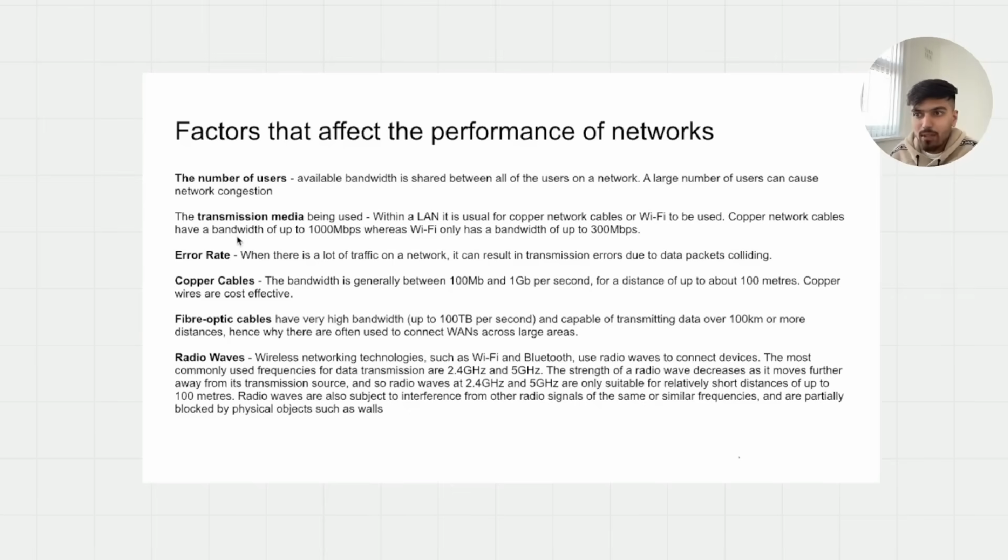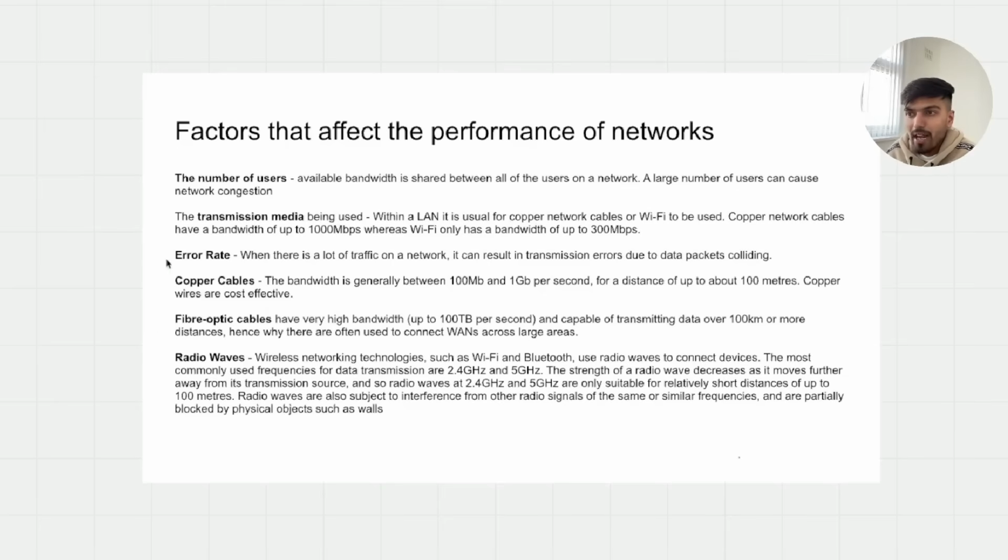And in wired, we have two cables which we need to know. Copper cables are between 100 megabytes and 1 gigabyte bandwidth, and copper is more cost effective. Fiber optics have a very high bandwidth, up to 100 terabytes, and are capable of transmitting data over 100 kilometers or even larger distances.